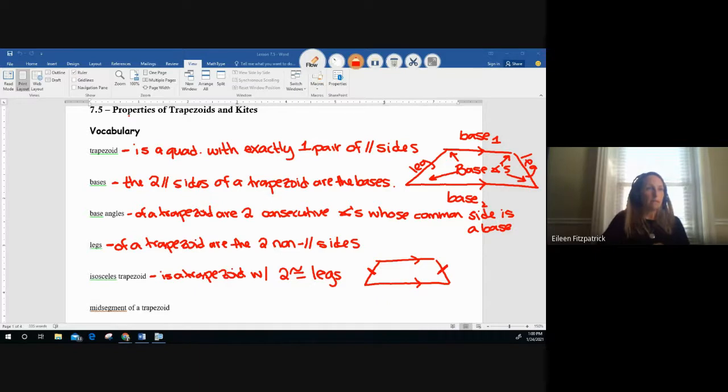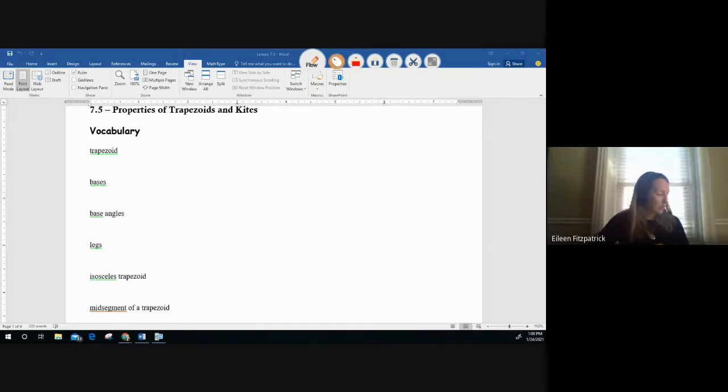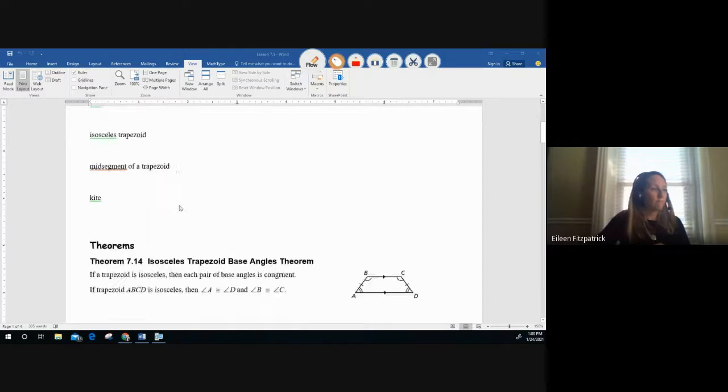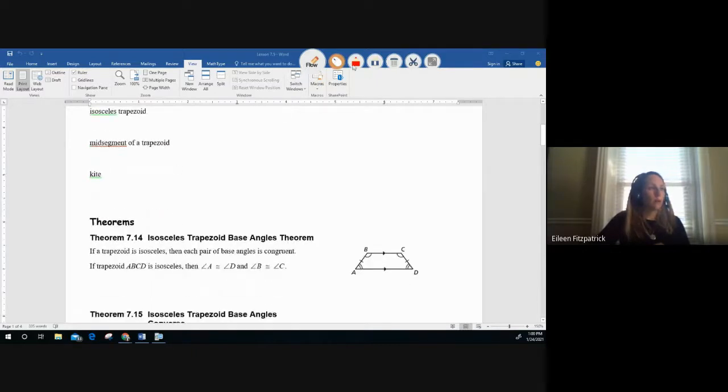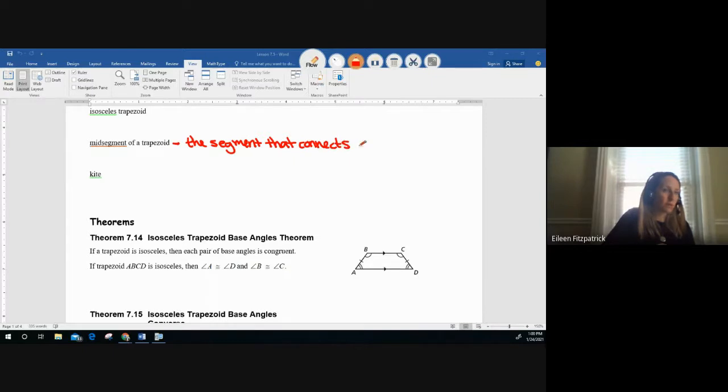Okay. Let me scroll down just to get the last two words in. All right, mid-segment of a trapezoid. We talked about the mid-segment of a triangle in the last chapter. So the segment that connects the midpoints of the legs.